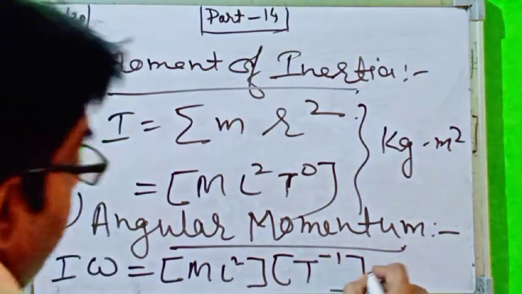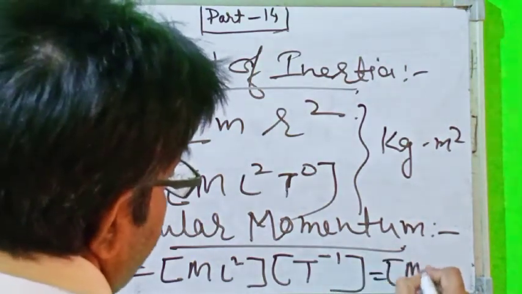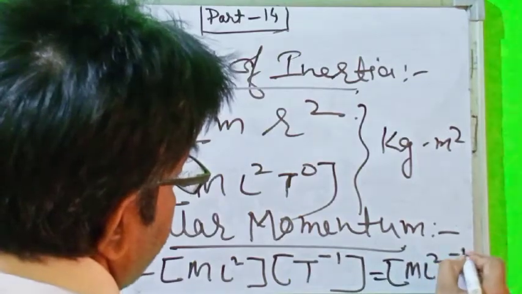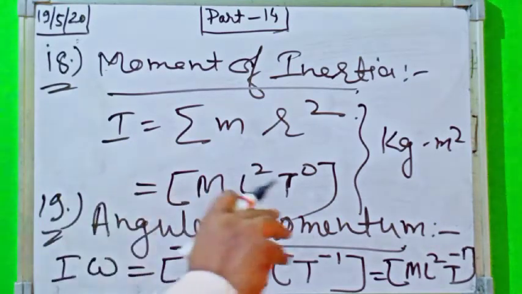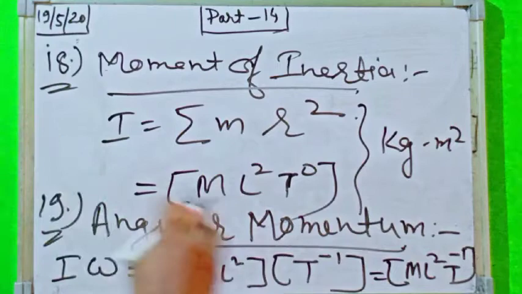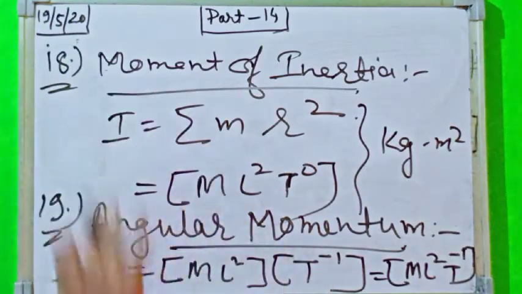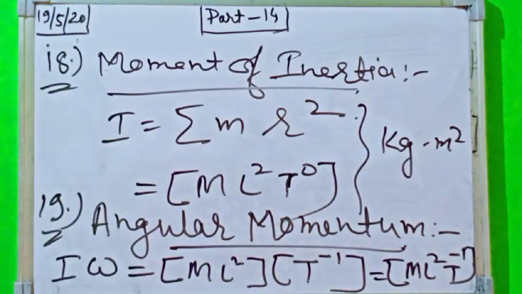So the angular momentum has its dimension M L^2 T^-1. All things are based on formula. If you know the formula, which you will study in later chapters, and if you know the unit for that physical quantity, then it is much easier to find out the dimensional formula.